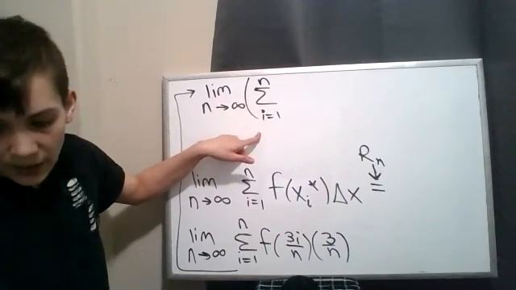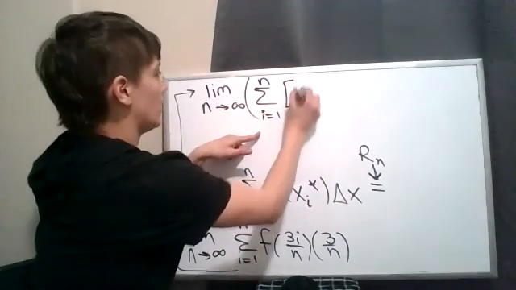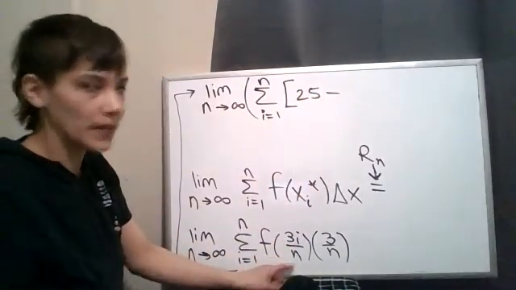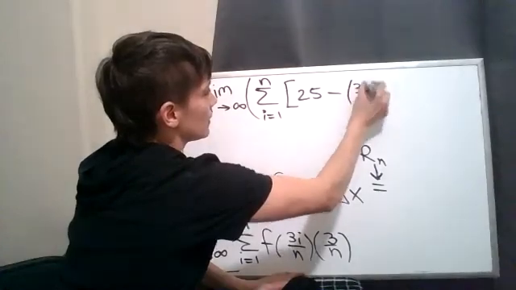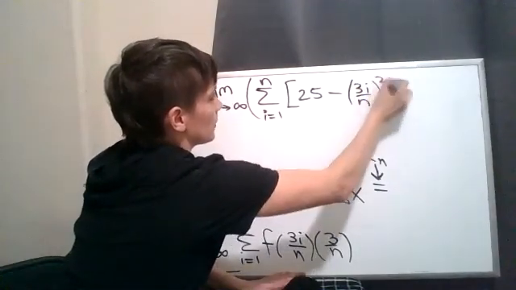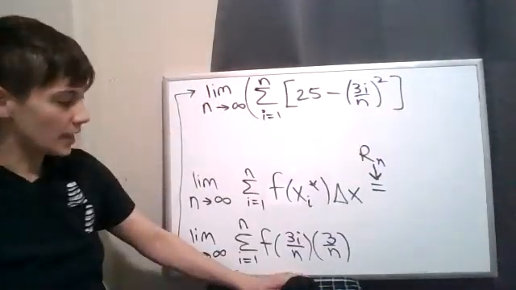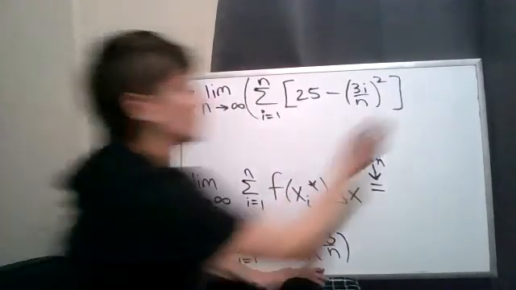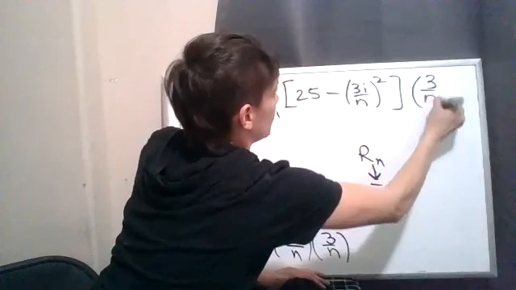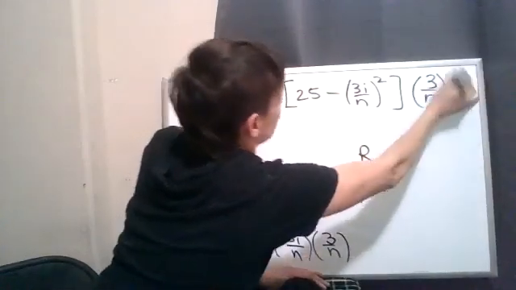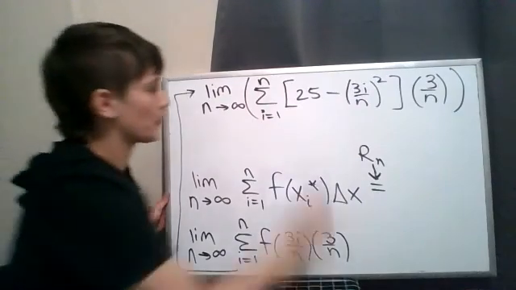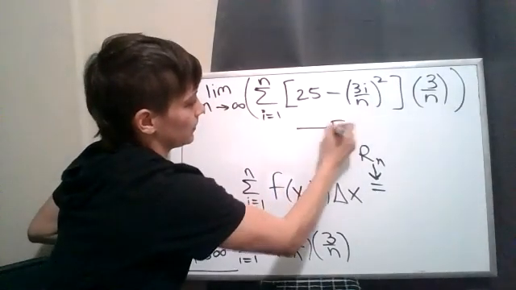So we've got 25 minus 3i over n squared. That's my function f with this guy inside, and then multiplied by delta x, which is 3 over n. And then after that, we're going to find the limit of everything, but that'll be next class.